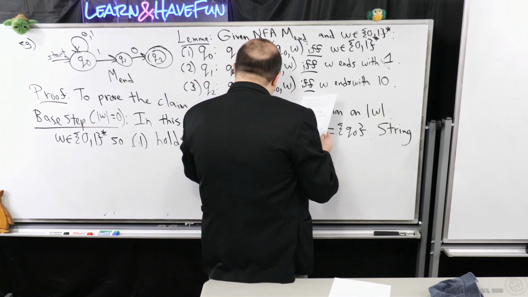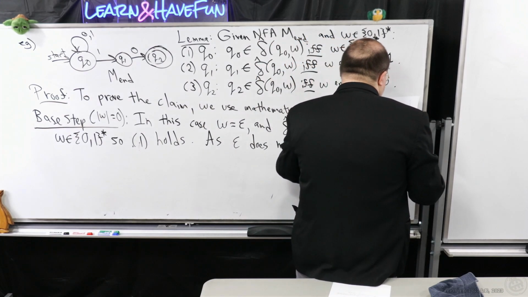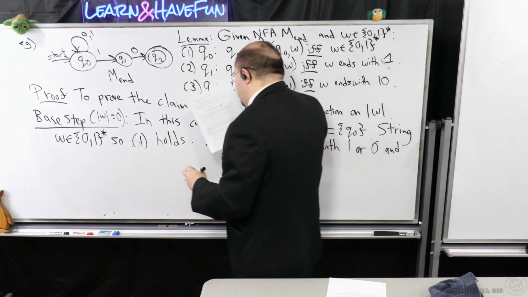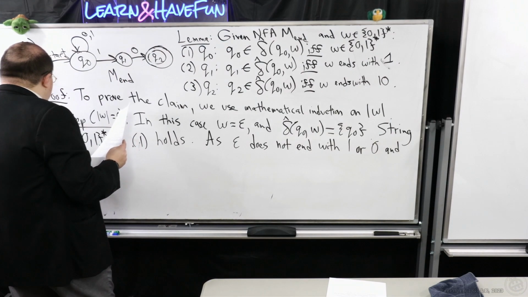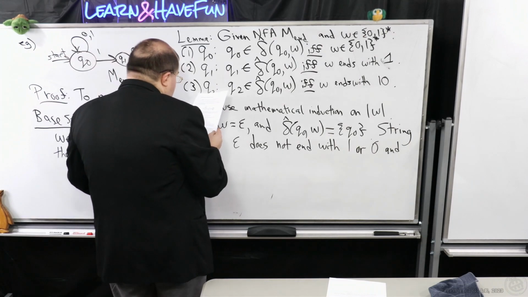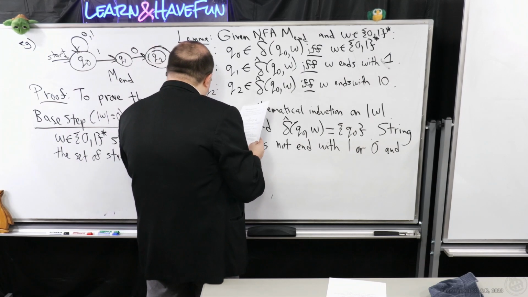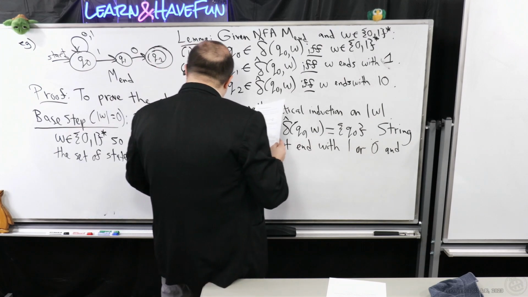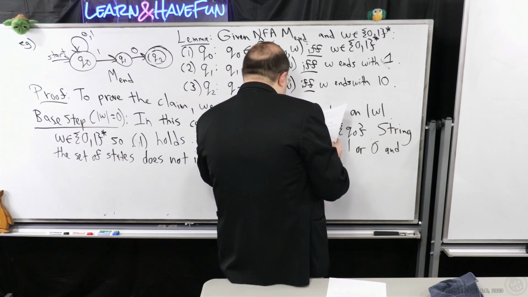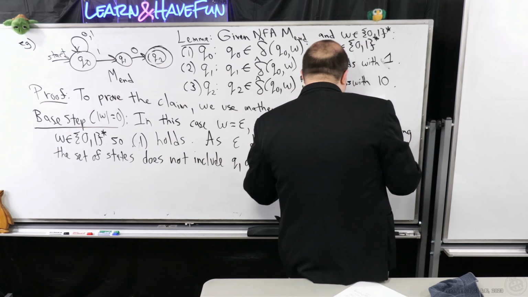As epsilon, the empty string, does not end with 1 or 0, and the set of states does not include Q1 or Q2. I'll just say 2 and 3 hold.